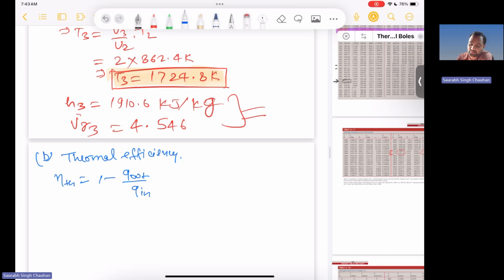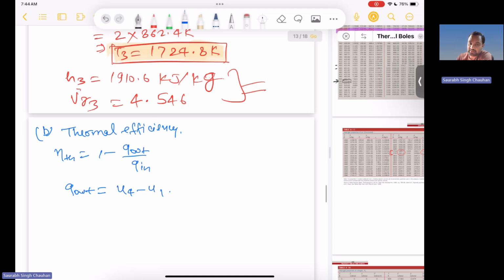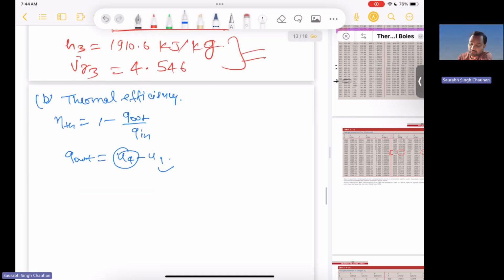But to calculate Q out, you can write it as U4 minus U1, right? And you have U1, but you need to find U4, right? And to find U4, you can use this relation.